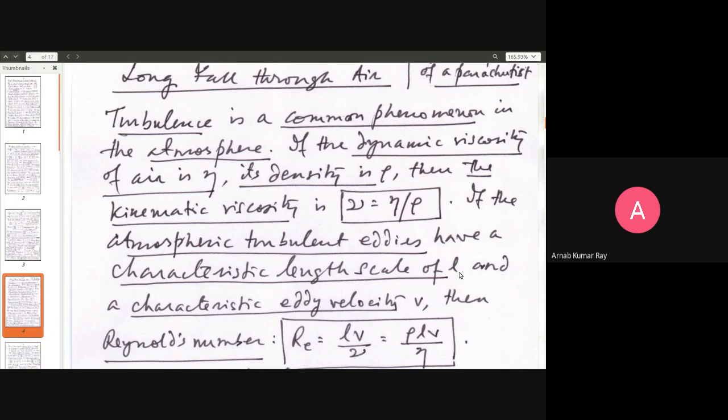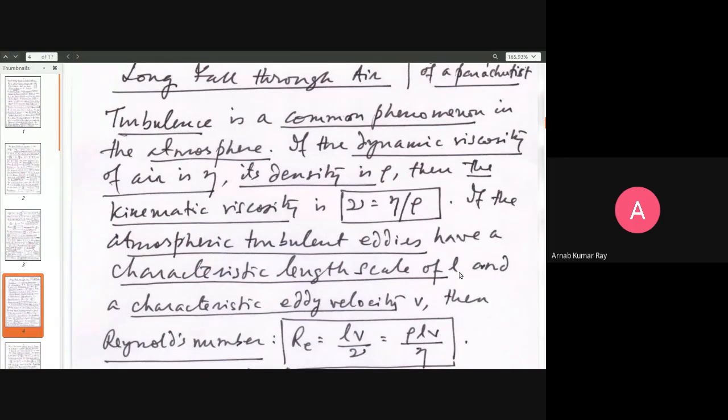Or if you're talking about a cyclone, there's also a good deal of turbulence in a cyclone. The diameter of a cyclone is typically of the order of a few hundred kilometers, right? Or maybe you can also see turbulent eddies in small-scale tornadoes. Tornadoes are more frequent in America, not so much in India.